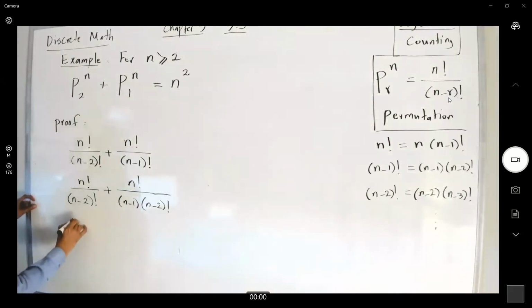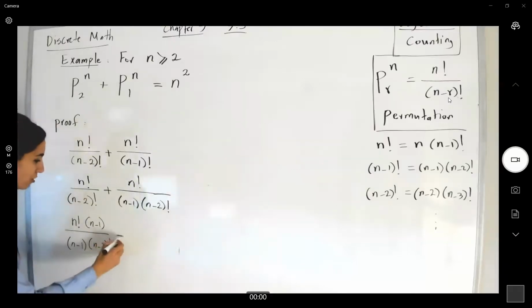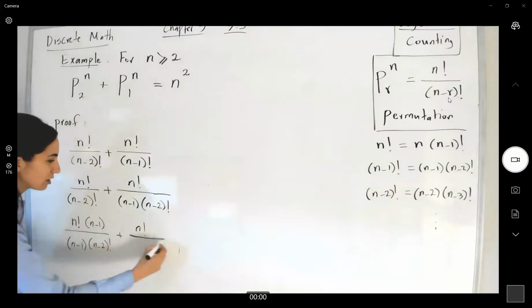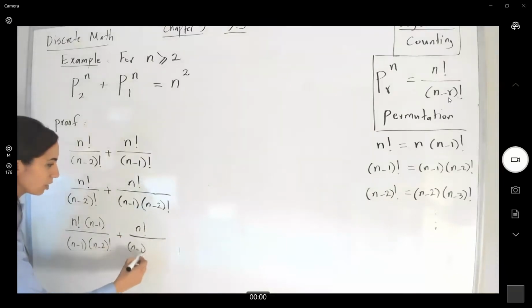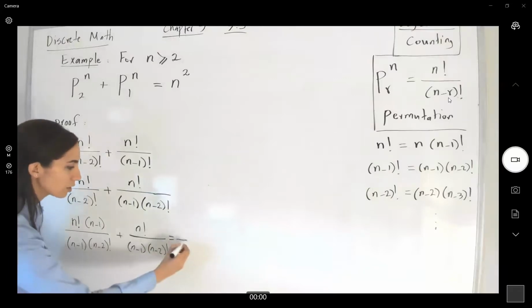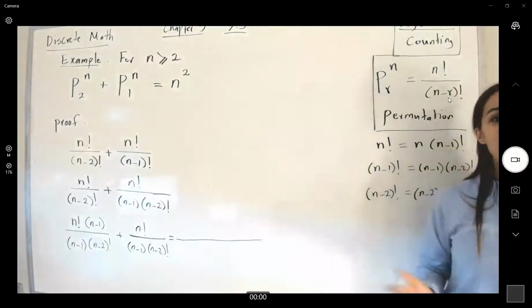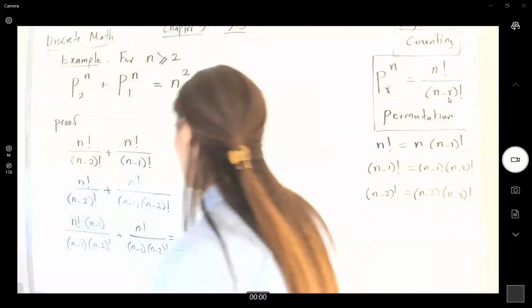So I'm going to write this as n factorial times n minus 1 divided by n minus 1 times n minus 2 factorial, plus n factorial divided by n minus 1 times n minus 2 factorial. Now the common denominator is written here. We just need to add the numerators and try to simplify the whole thing.